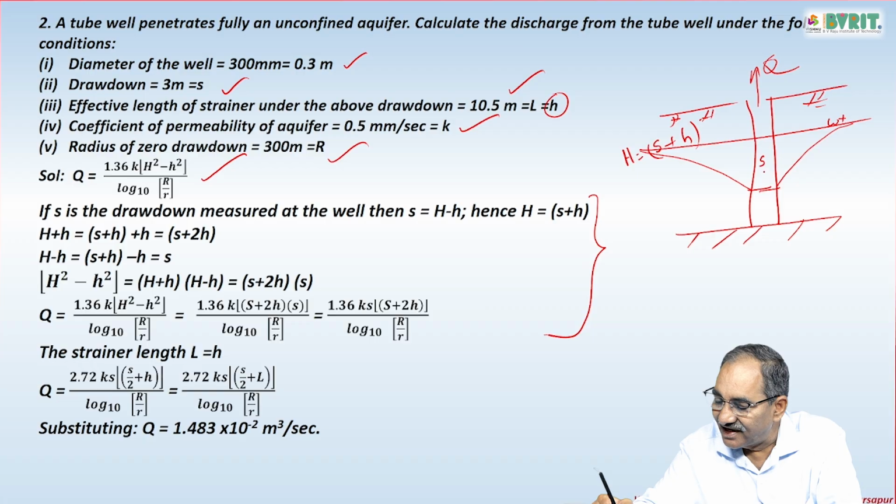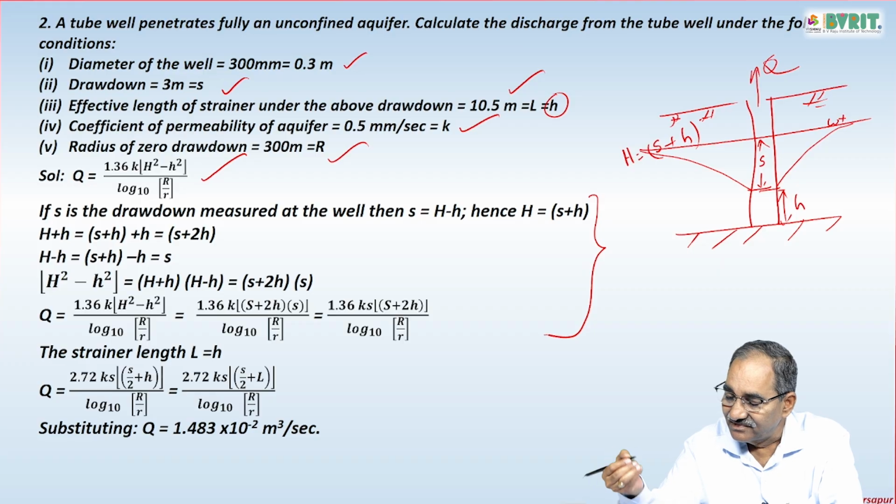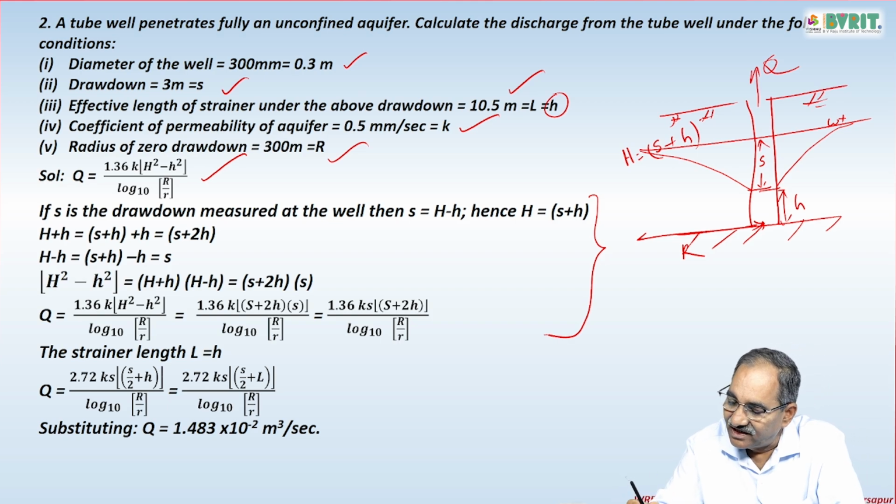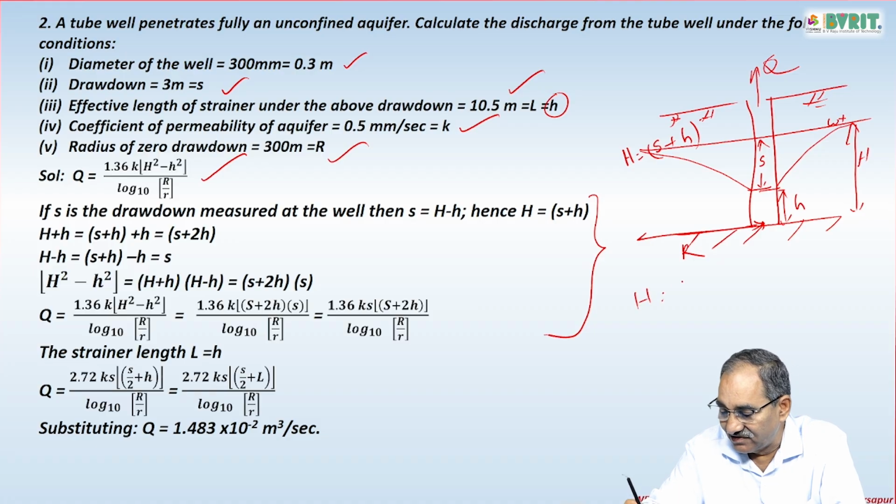So this is S and this is h, right? And this one up to here is capital R. These are the basic things. So this total is what we call H. So H is equal to S plus h.